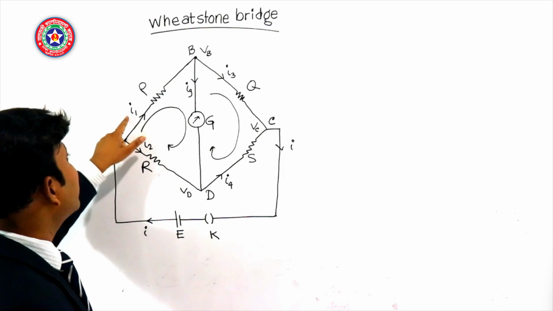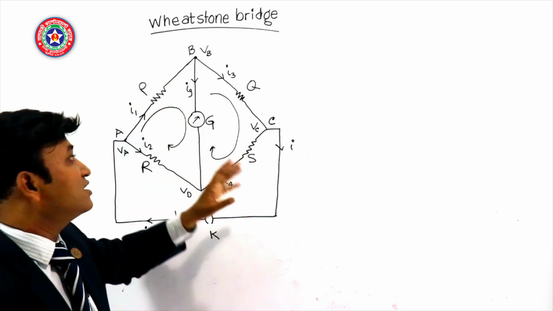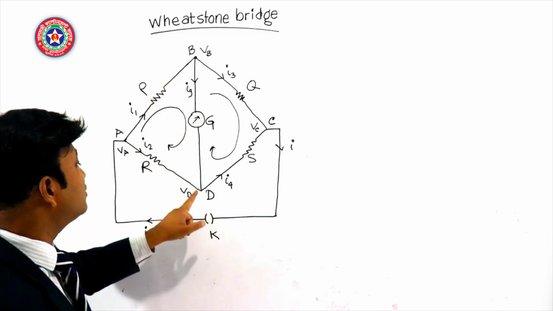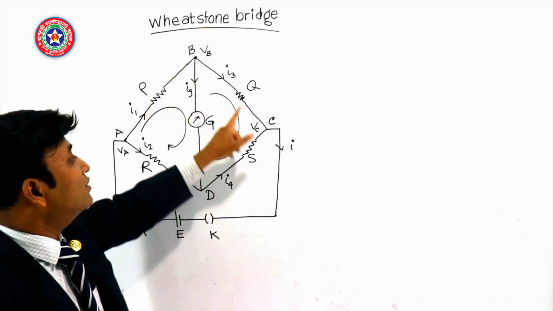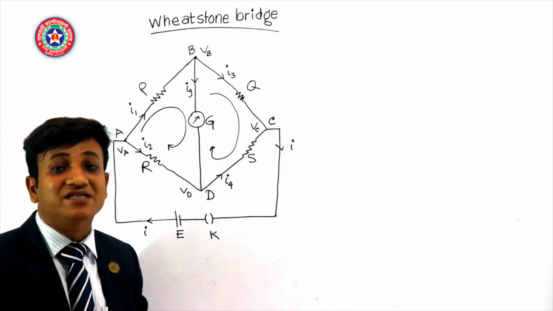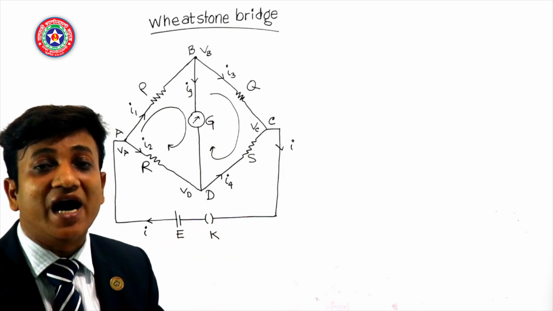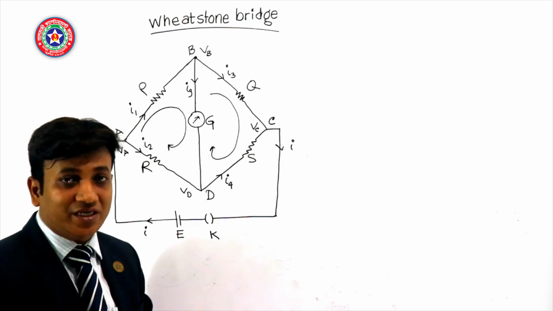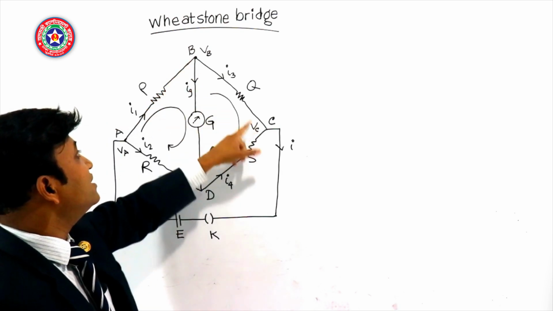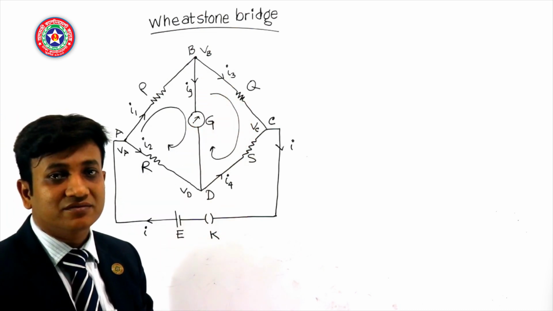That's why when the current I1 reaches point B, it again divides into two paths, one along B to D and another along B to C, because we know that current always flows from higher potential to lower potential. Here the current along BD is IG and along BC the current is I3.